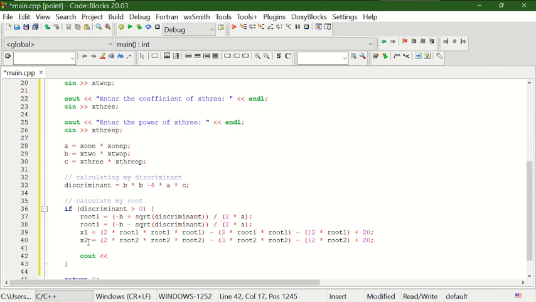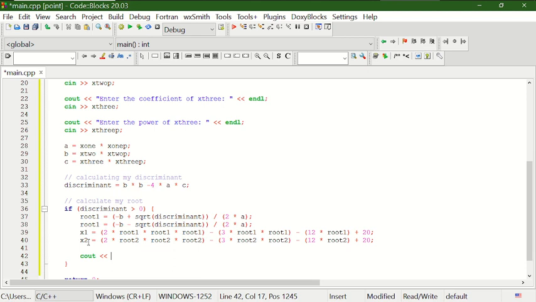So we want to print out the roots, then print out the points. Root 1, root 2, we want to print to the user, then point 1, point 2 also, so that you can have all the 4 points of the curve.